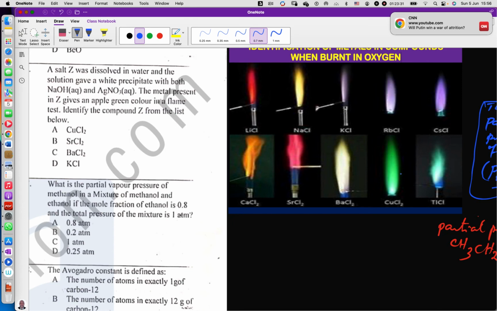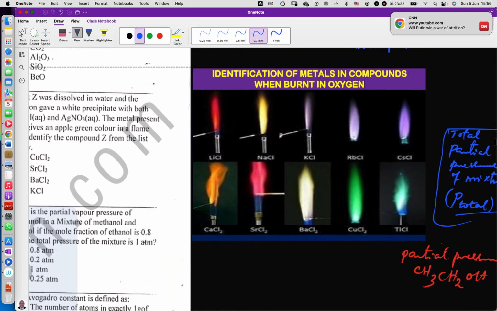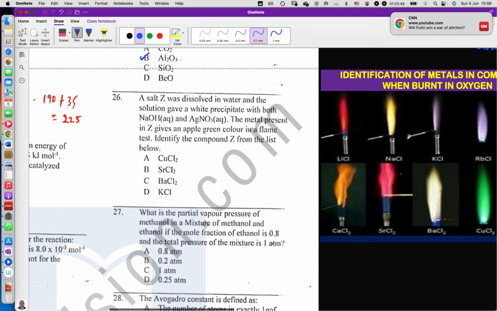This is the color of a flame test of some salts. I said only copper 2 chloride can give an apple green color, indicating the presence of copper ion.